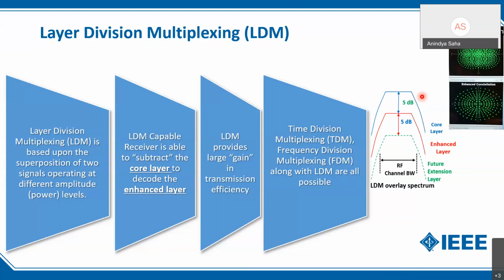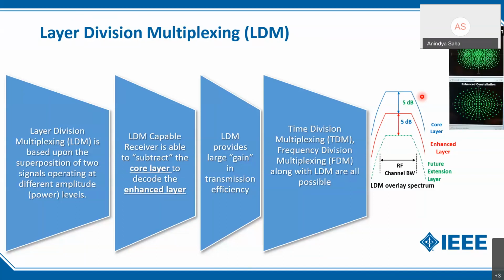Another important aspect is that what has been used here is one of the rudimentary forms of what is also called non-orthogonal multiple access in 5G, NOMA, and one of our later lectures this week also touches upon that. So please listen in for more details.